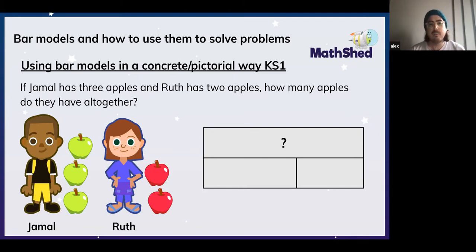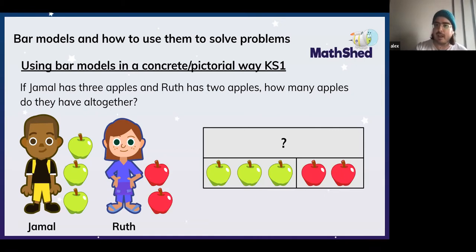So here, where we're in this concrete pictorial blended moment, we can place 3 green apples and 2 red apples to represent both Jamal and Ruth's apples, before being able to count, okay, now what's the total? 5 apples.